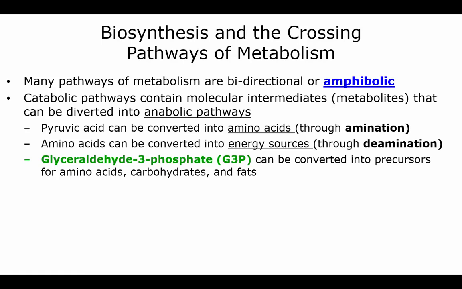And so one of the things that they mention is that these products, or you could call them metabolites, right? These products that help us generate other products, you don't want to lose them. Right? You don't want to waste things. And so what they tell us is that all these pathways, or many of these pathways, are bidirectional. That's what amphibolic means, is that not only can you use these things to break materials down, but at the same time, you can be using these materials to build things up.